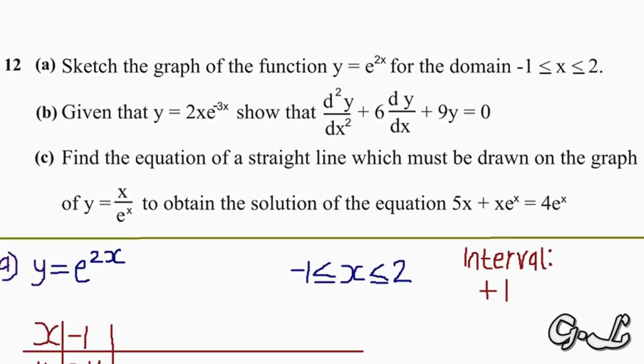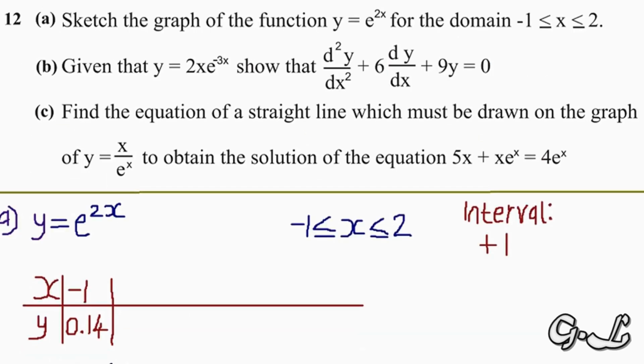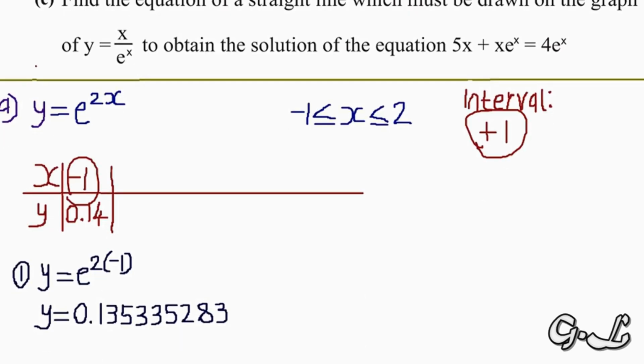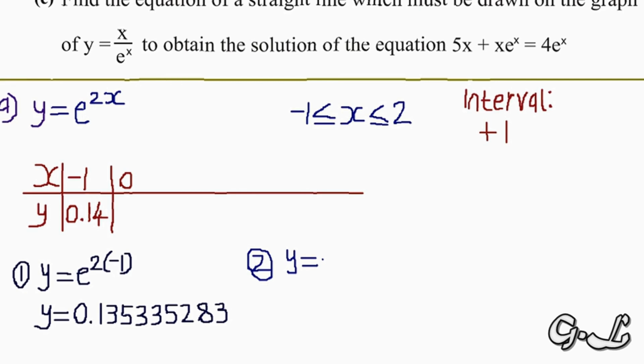So on the x coordinate, we're going to have an interval of 1, so we're simply going to be adding 1. -1 plus 1 will give you the value of 0. We're going to deal with this one just as we did with the first one. We write the equation as before: y is equal to e to the 2x.